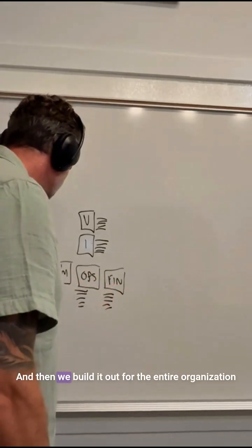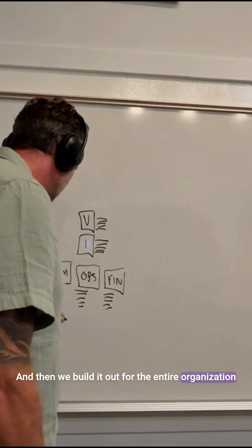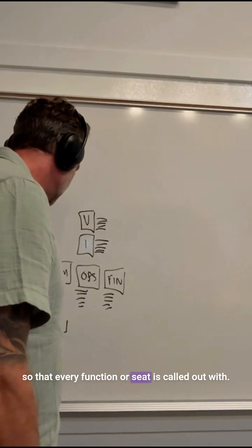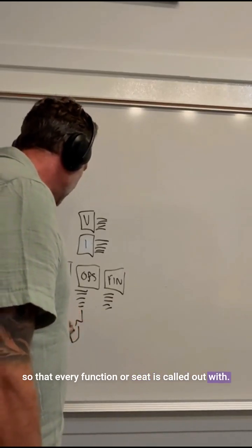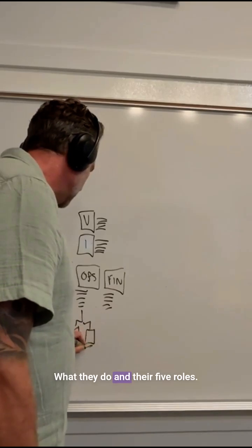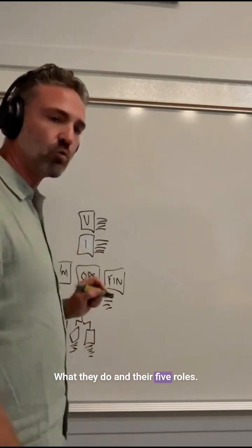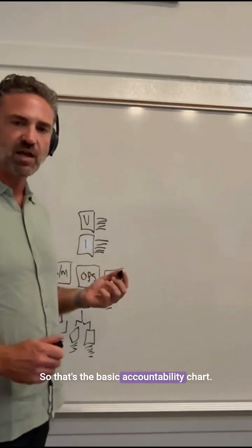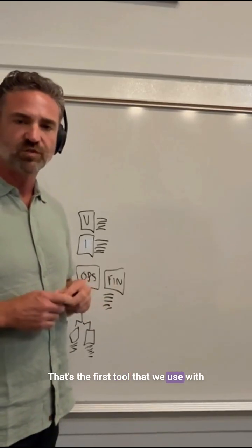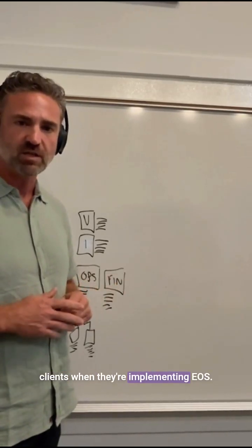And then we build it out for the entire organization so that every function or seat is called out with what they do and their 5 roles. So that's the basic accountability chart. That's the first tool that we use with clients when they're implementing EOS.